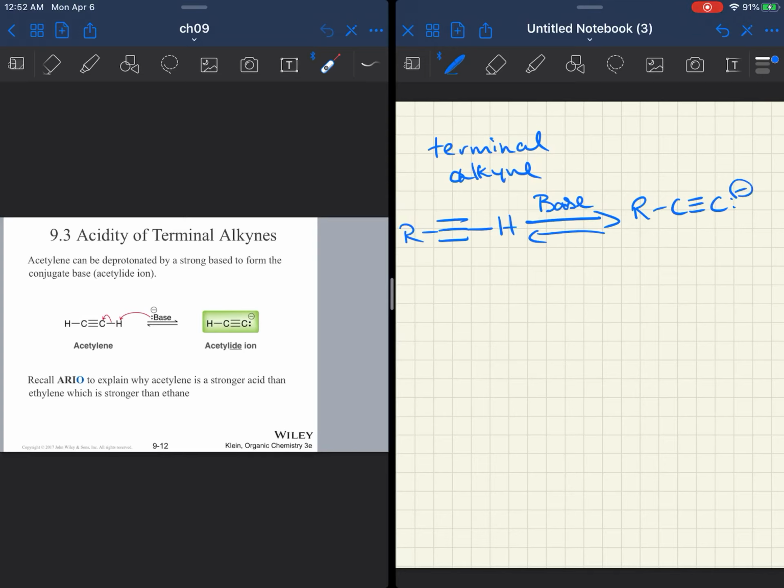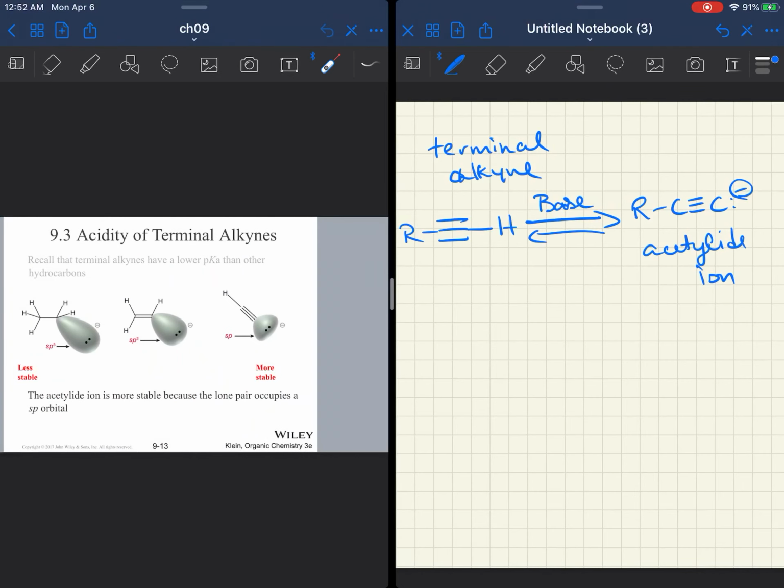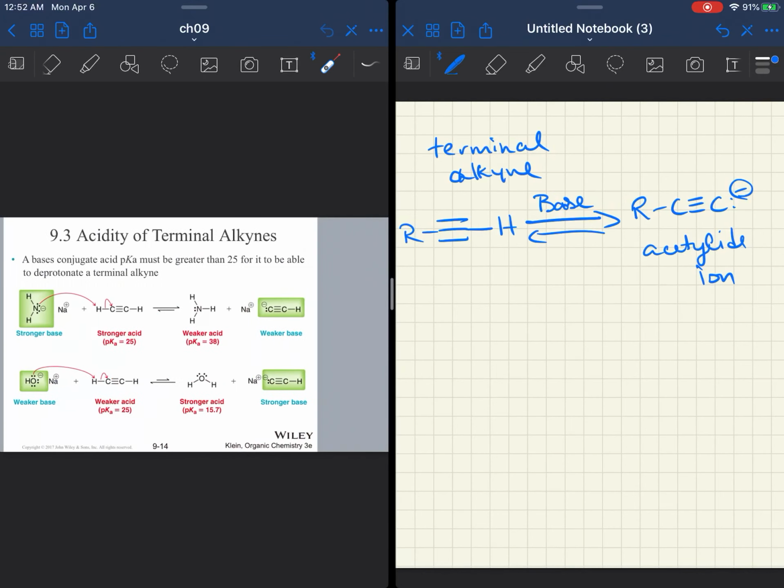Most acid-base steps are equilibrium steps. So, let's see, if we have the right base, we can remove that proton and get the acetylide ion. But we have to be thoughtful about which base we pick, right? So if we pick something like, let's move on to this slide.